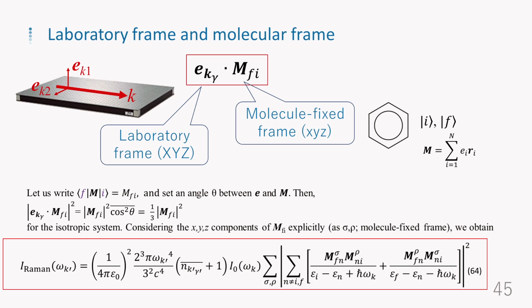Then the molecule directs this direction. So this is a non-polar molecule. Instead of benzene, you may consider acetonitrile or something, a polar molecule. Then, in this case, the dipole moment mu, or in this case, the transition moment mu m, is a vector quantity.